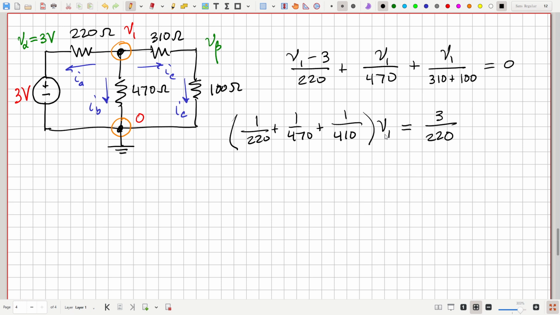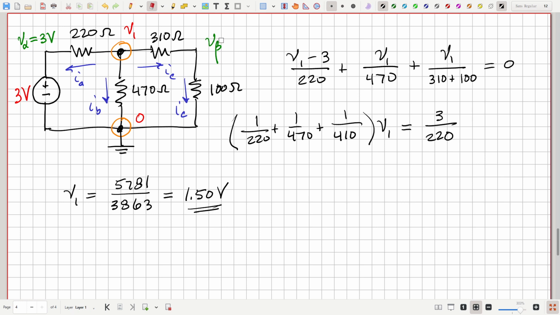And then we solve: V1 is 3 over 220 over this expression, and that is exactly equal to 5781 over 3863, which to 3 significant figures is 1.50 volts. And we have solved the circuit.